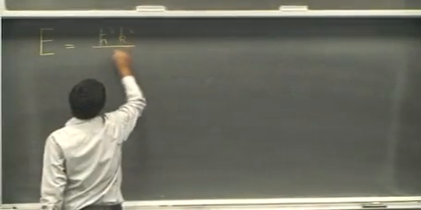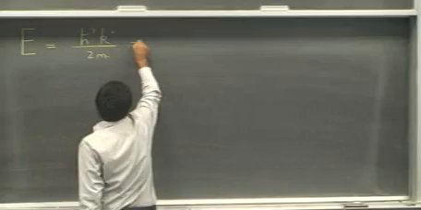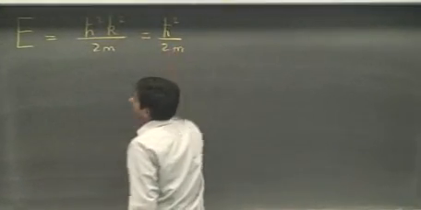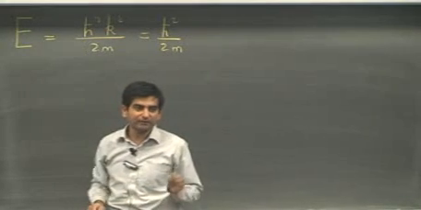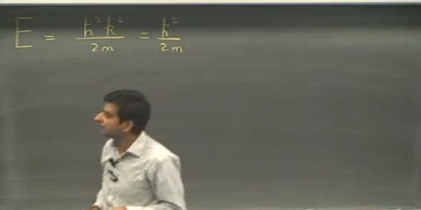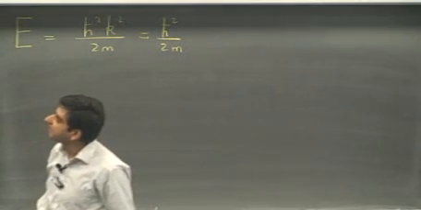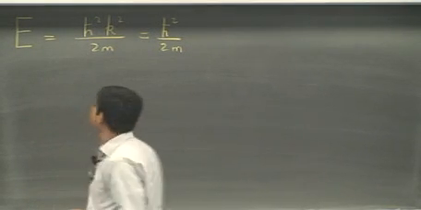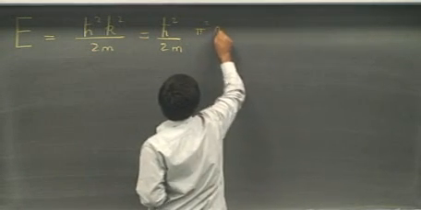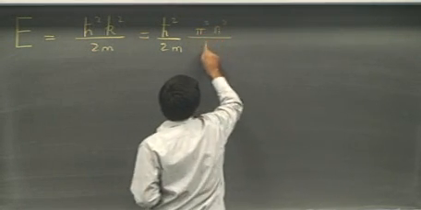The energy is equal to h bar squared k squared over 2m, but k squared is quantized. Now we have quantization of the wave number, and we're checking whether we have quantization of the energy as well. k is given by n pi over L. So k squared is pi squared n squared over L squared.